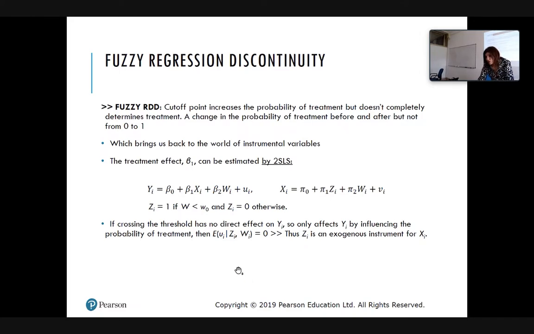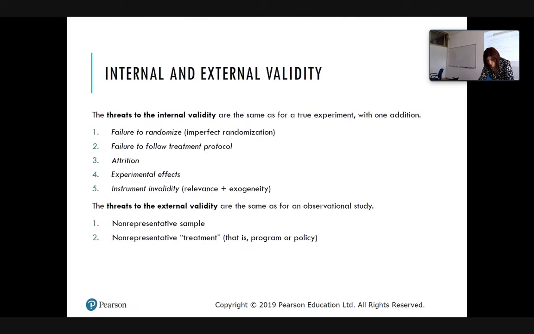But this is something that I just wanted to report. As I said, we are not paying so much attention to this for this course, also because it's less used. And in terms of internal and external validity, these are the same as for a true experiment.